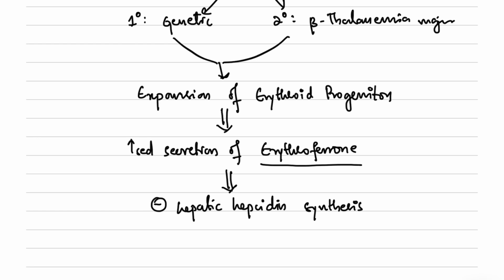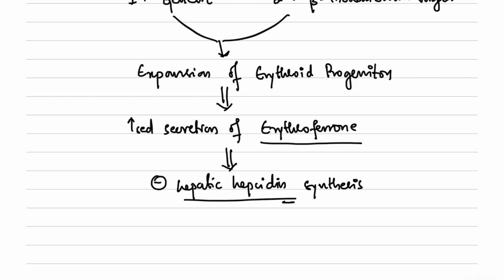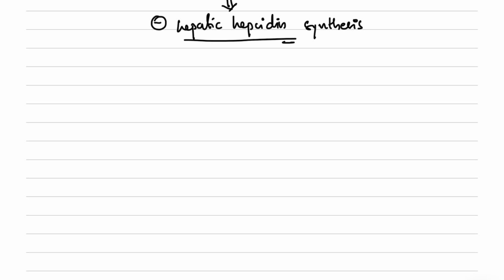And whenever the hepatic hepcidin is low, it leads to increased absorption by the ferroportin 1. So this is how, even though there is iron overload in hemochromatosis, there will still be iron absorption and not iron excretion. Okay, so this is how it is regulated.